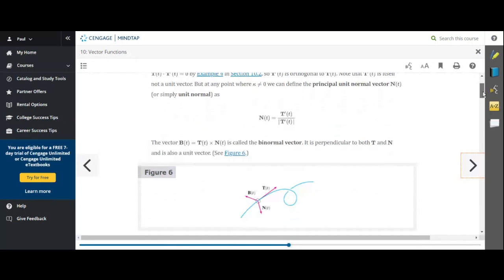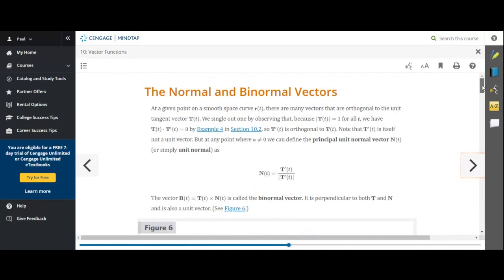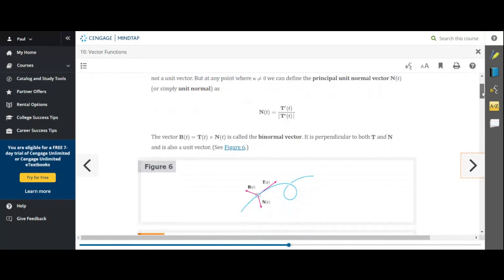Okay, so now this is important here. Normal and binormal vectors. So here in figure 6, you have something called a TNB frame. Okay, a TNB frame. You have a space curve, and you have a point on the space curve, and drawn on the space curve are a tangent vector T, and that T is a unit tangent vector.